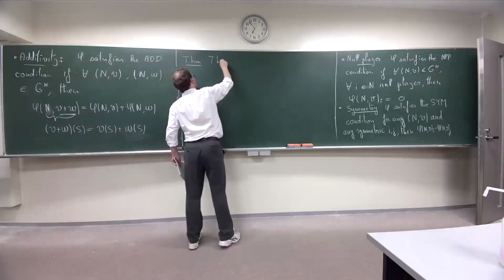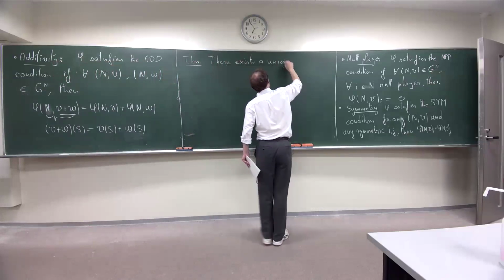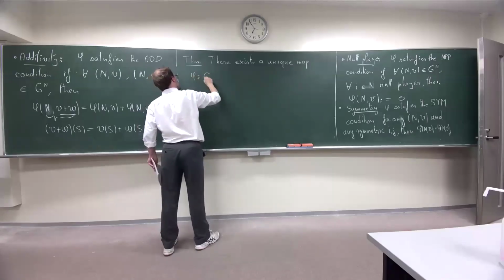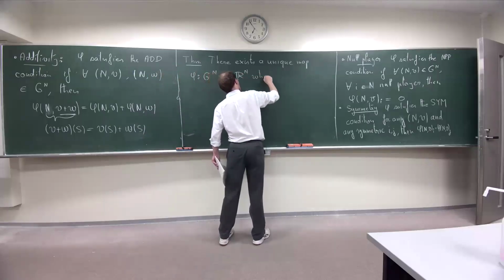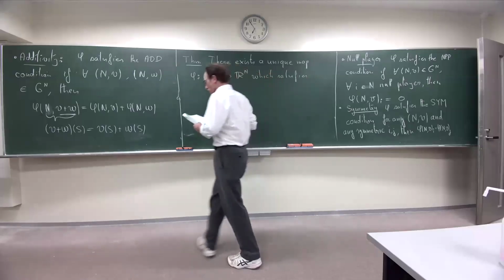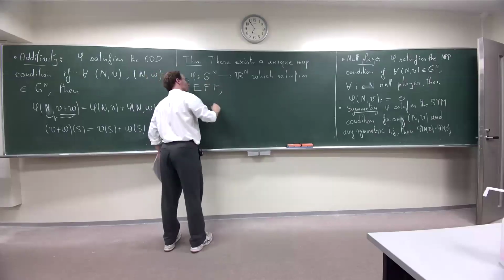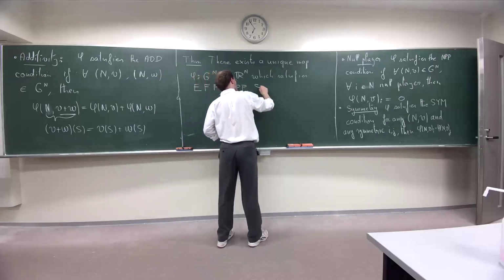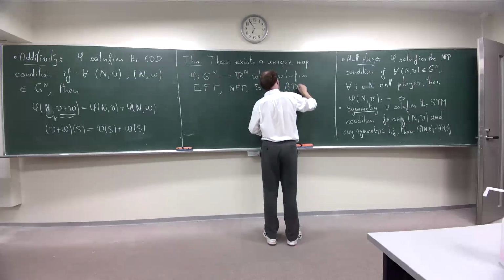There exists a unique map phi from the set of all TU games to Rn, which satisfies the four conditions I have just mentioned: the efficiency condition, the null player condition, the symmetry condition, and the additivity condition.